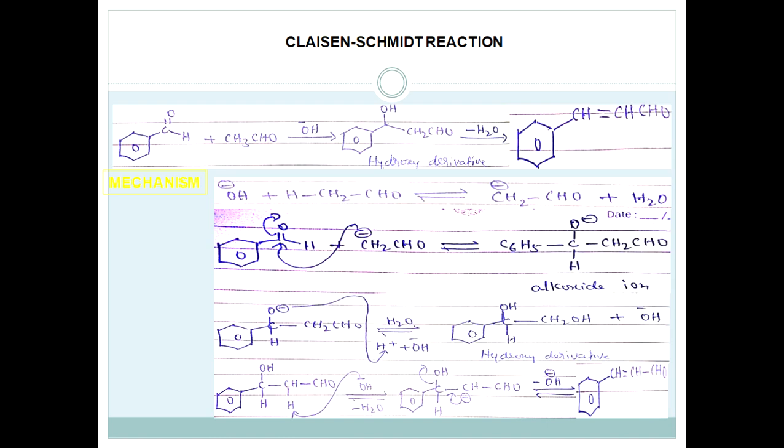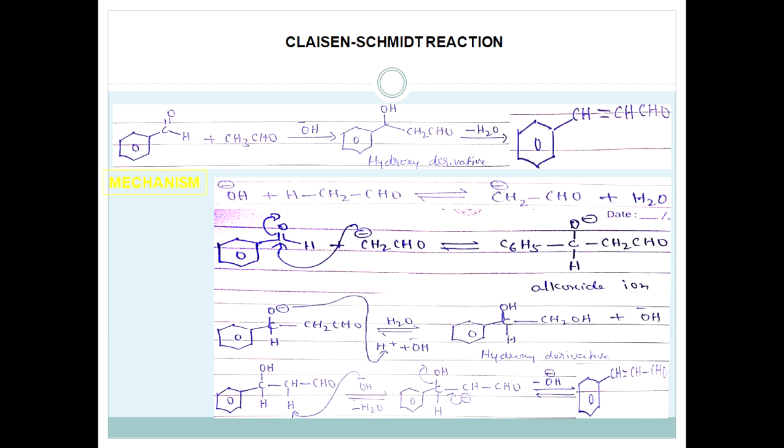From this reaction, hydroxy derivatives are obtained. These hydroxy derivatives lose a water molecule to yield alpha beta unsaturated aldehydes or ketones, which is known as the Claisen-Schmidt condensation reaction.